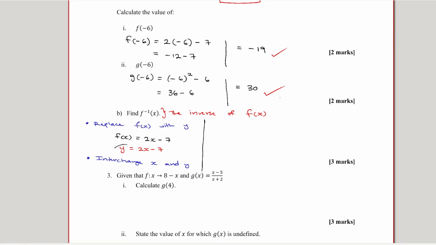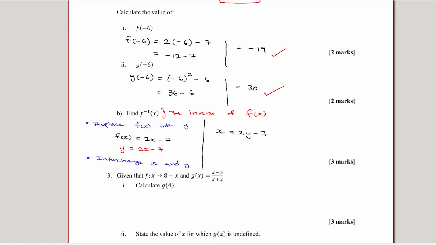So from this equation, we're going to interchange x and y. Wherever we have the y, we simply write x is equal to, and then wherever we have the x, we replace it with y. So that's the second step. Interchange x and y. It's that simple.